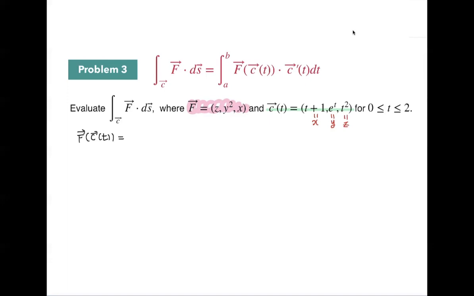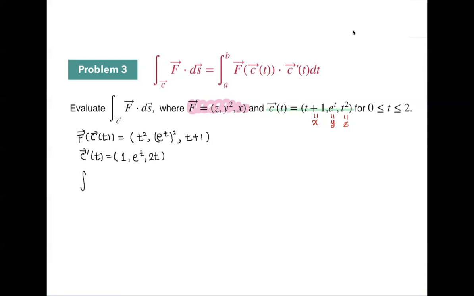So z is t squared, y squared is e to the 2t, and x is t plus 1. Okay, and our c prime of t is given by (1, e to the t, 2t).